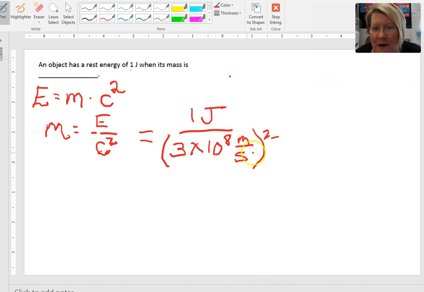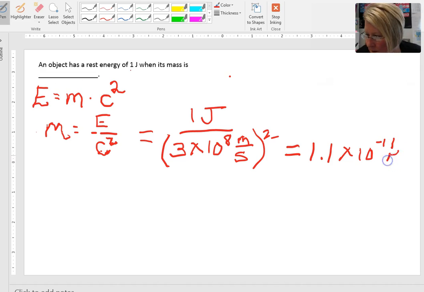So you can see that there is a lot of energy in objects which don't have very much mass at all, because we are multiplying the mass of objects by the speed of light, which is a big number, and we're squaring that on top of that. So if we take 1 joule and divide it by 3 times 10 to the 8th meters per second squared, we get 1.1 times 10 to the negative 17.